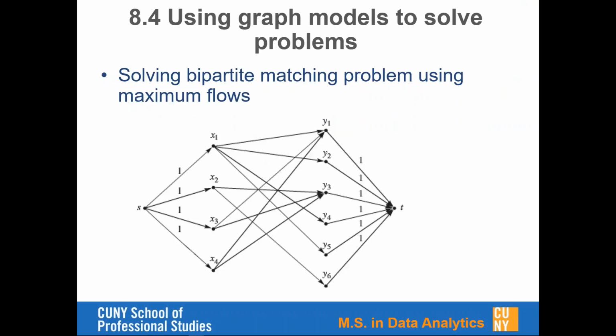And then there's this bipartite matching problem using maximum flow. Once you already know some algorithm, you're trying to model the problem as a maximum flow problem so that you would be able to solve the bipartite matching problem, which is very similar to what we started with, the baseball matching problem.